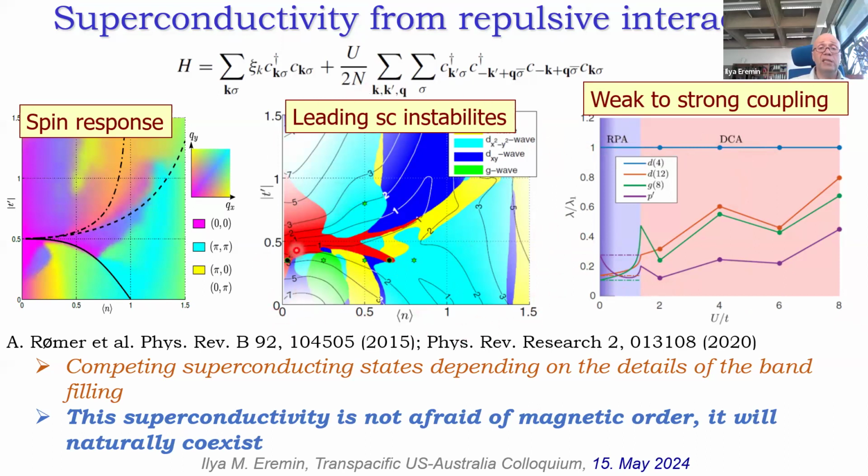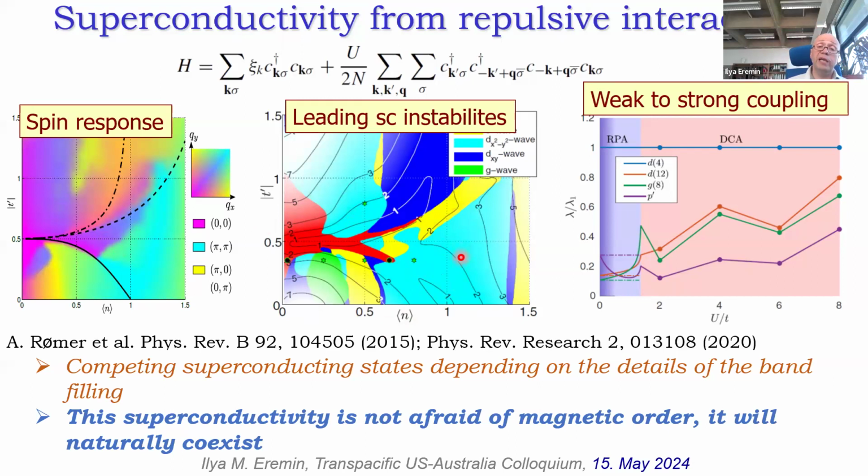Again, the dx² minus y² symmetry is dominant near n equal to 1. However, once you move away from n equal to 1, you get all kinds of different symmetries because of an interesting interplay between Fermi surface topology and the structure of the spin response where the main peak is occurring. And then you can look at which other instabilities you have.